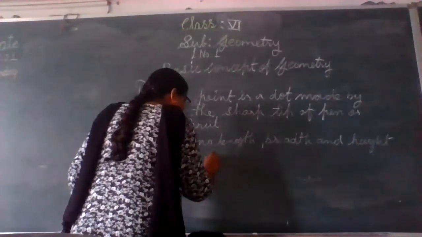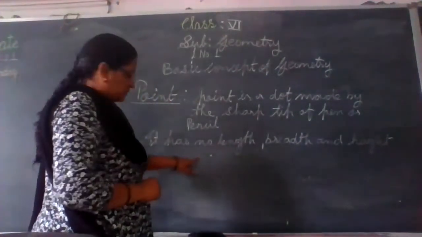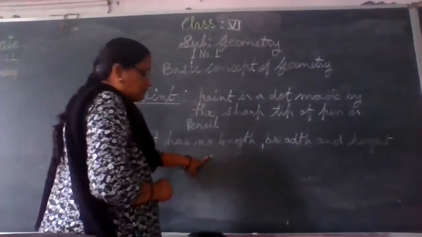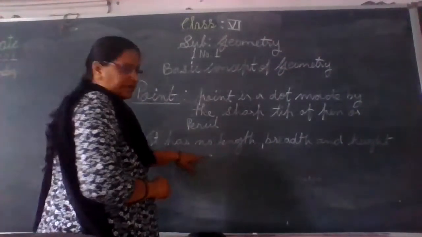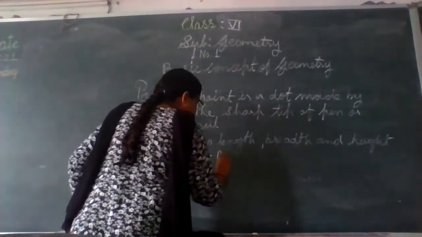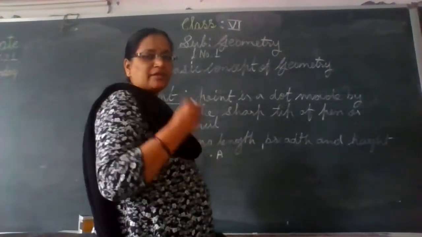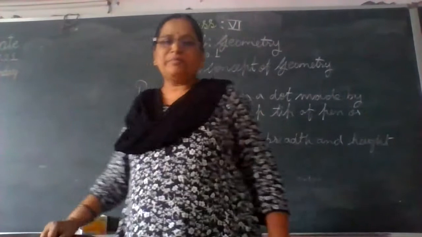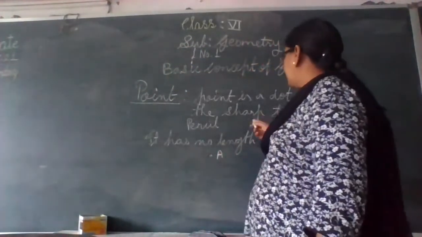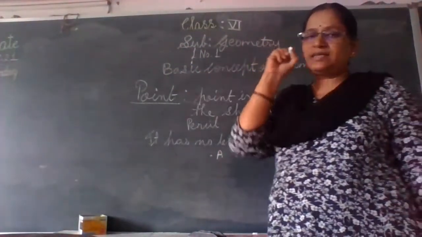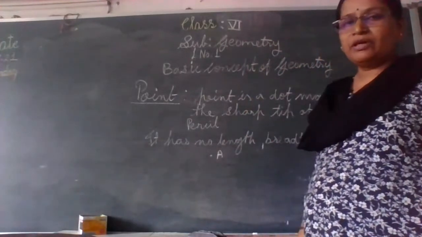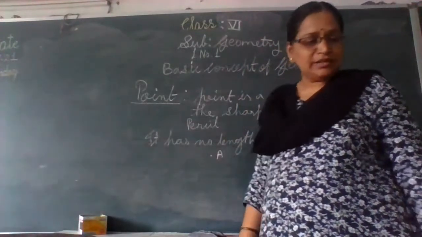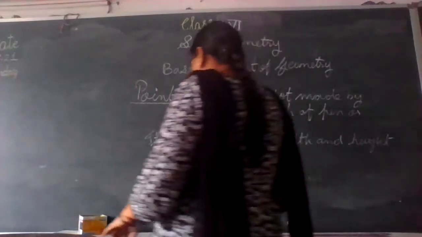For example, see, beta, it is a dot. So we can say it is a point. And it is shown by a capital letter A, B, or whatever. So got it? Point is a dot made by the sharp tip of pen or pencil.